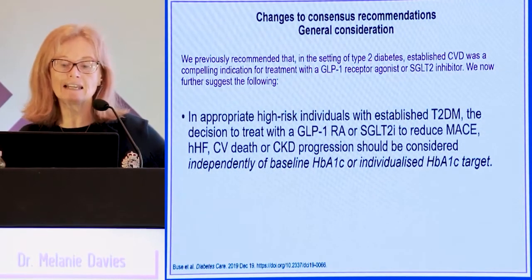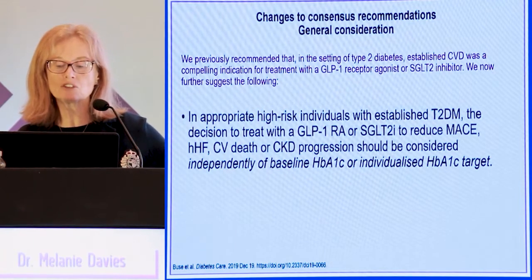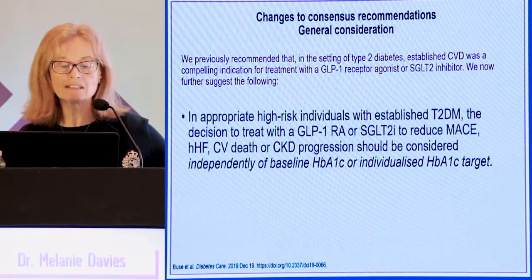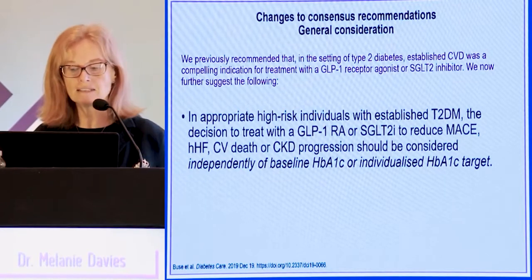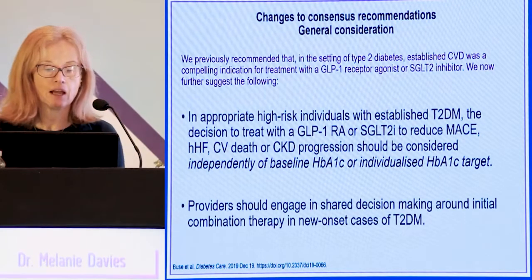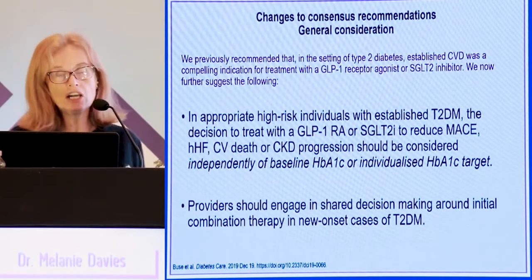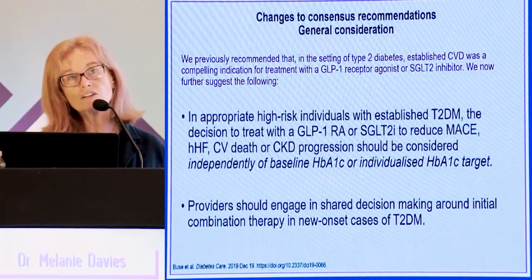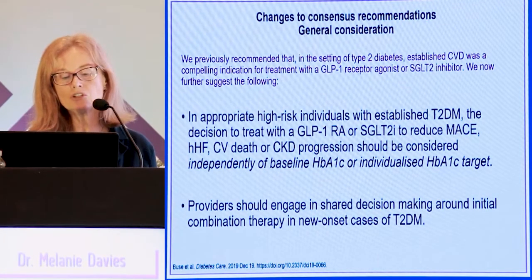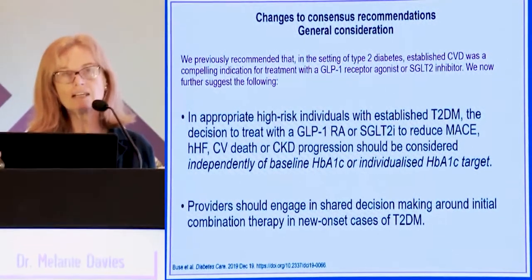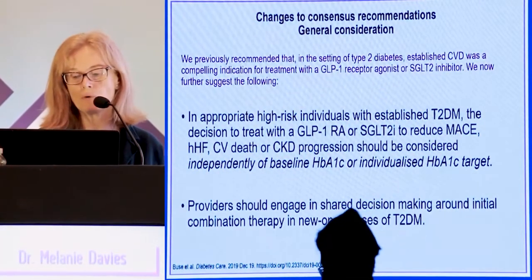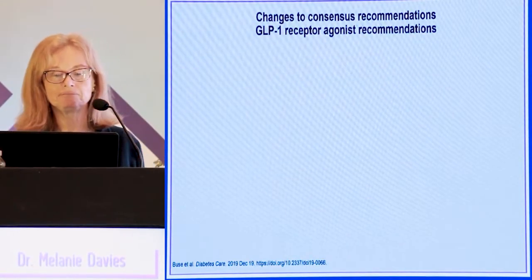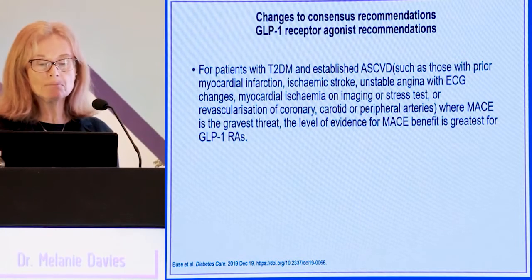We should be adding GLP-1s or SGLT2s to reduce MACE, heart failure, or chronic kidney disease progression, regardless of the baseline A1C. In terms of early combination, we didn't feel on the basis of one study we could change that, but there may be shared decision-making around early combination use, and we already advocate it in people more than 1.5% above target.